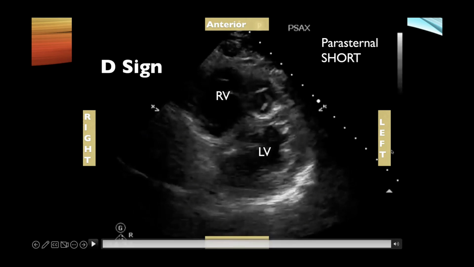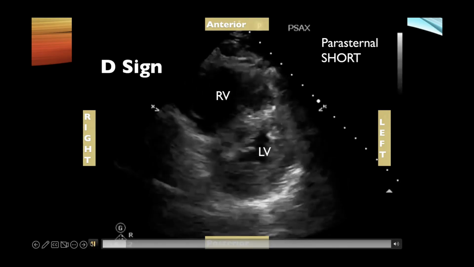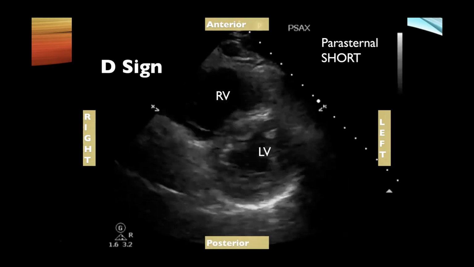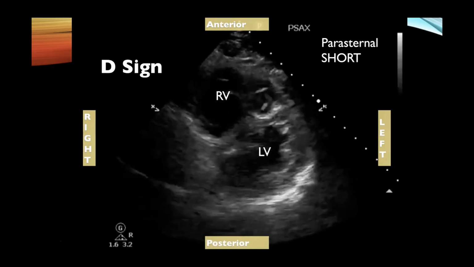And then has anyone heard of the D sign before? Yeah? Okay. Chris is thinking hard. You have a serious face there. But Robbie, what is it? Instead of a nice concentric circle, there's some flattening near the right ventricle side, due to increased pressure, just kind of pressing down to make it more into the shape of a D. Exactly, yeah.